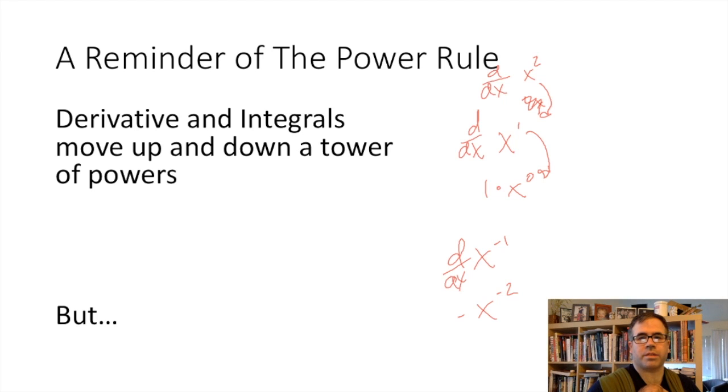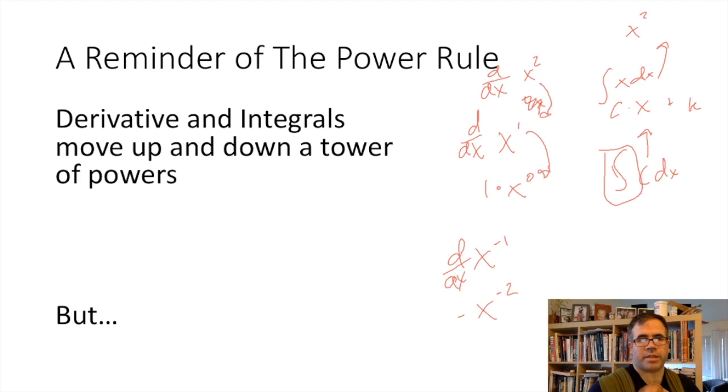So the integral of any constant dx gives you that constant times x plus some other constant. We'll talk about indefinite integrals at some other time. But basically, if you take the integral here, you go up to linear. If you take the integral of a linear term, you go up to x squared.